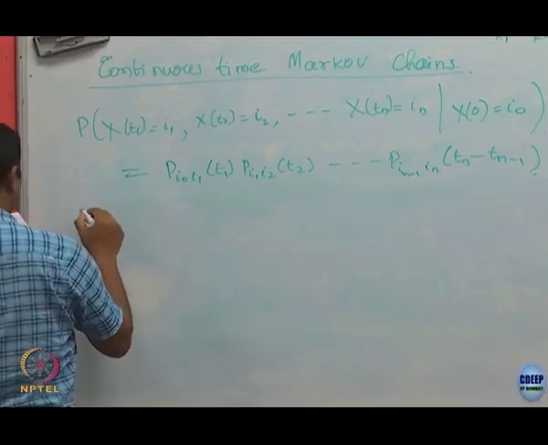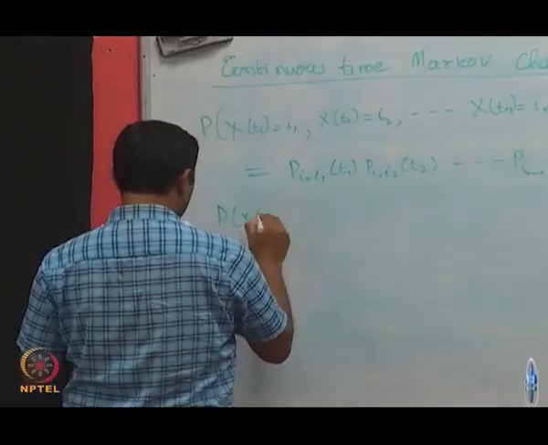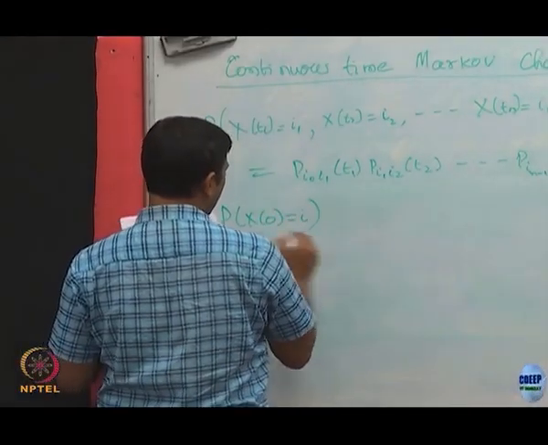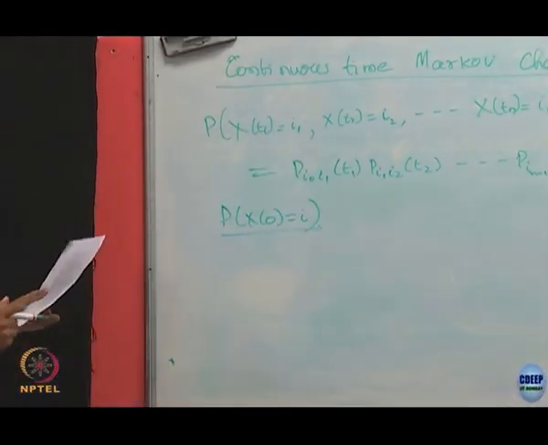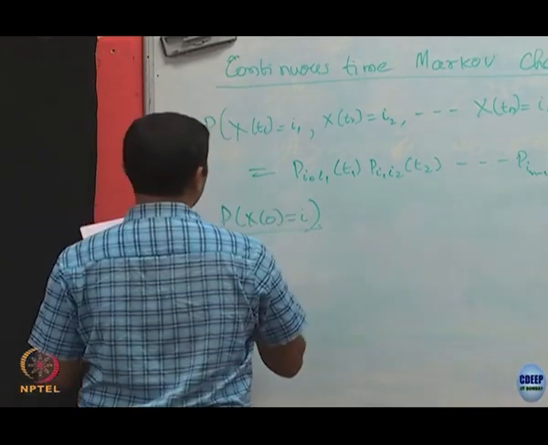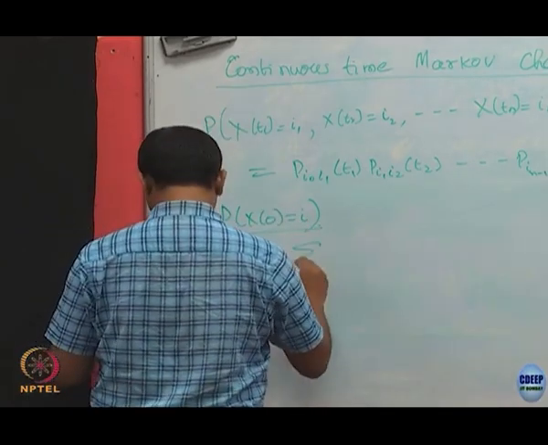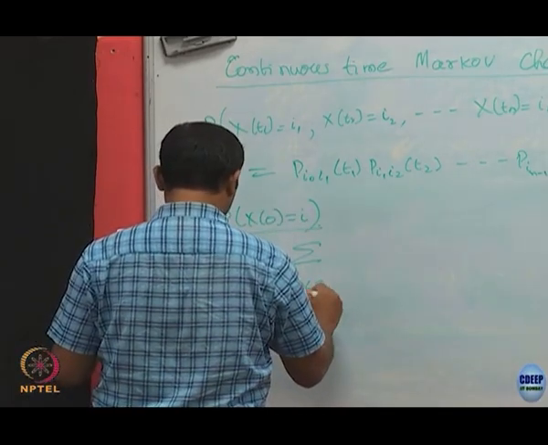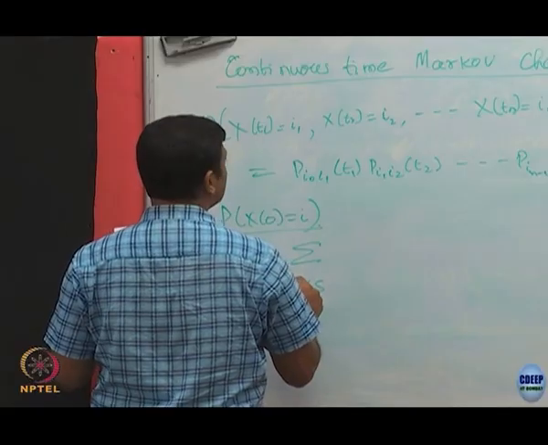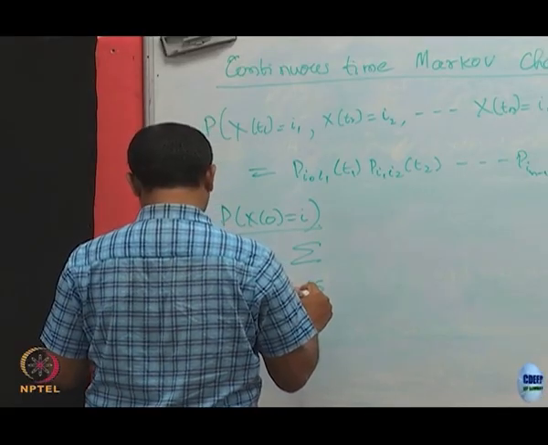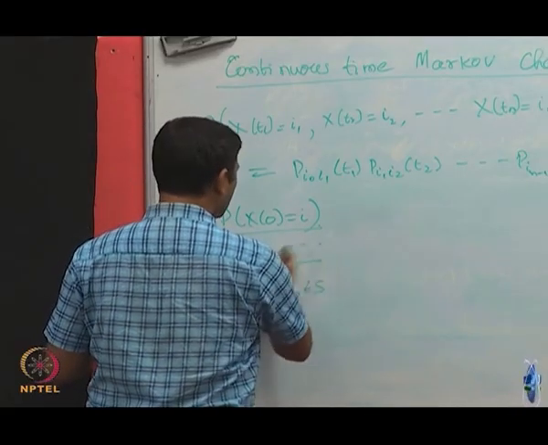And if you further write it with X_0 = i, this is your initial distribution. The same thing you could write as the unconditional one.